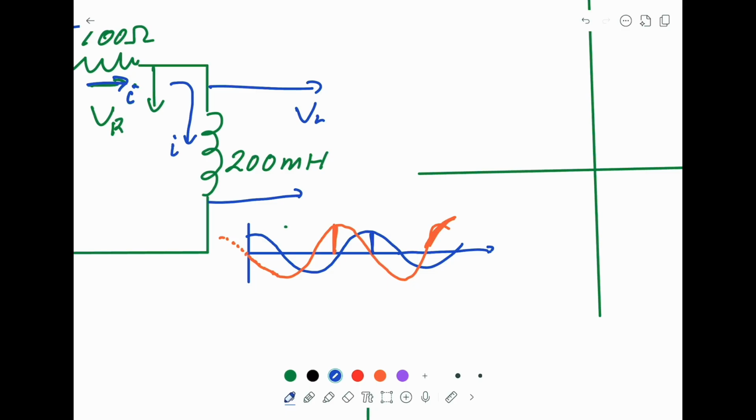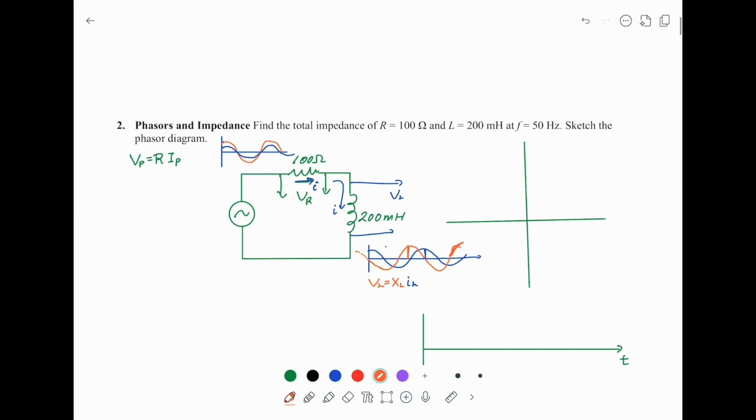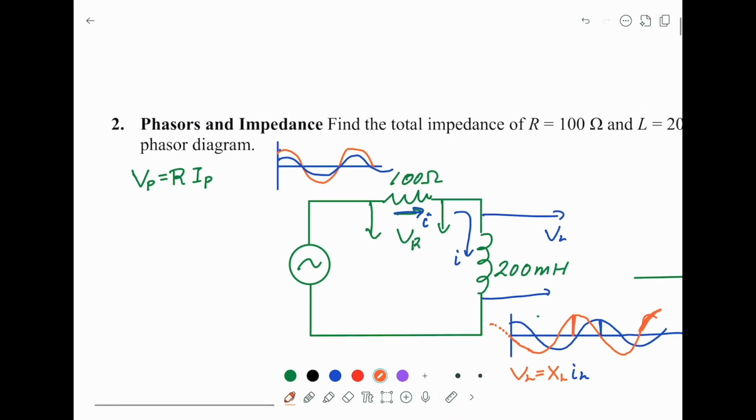So we can write down like this: the peak of the voltage across the inductor is proportional to the peak of the current across the inductor. And this time, the proportional constant, we call it XL.